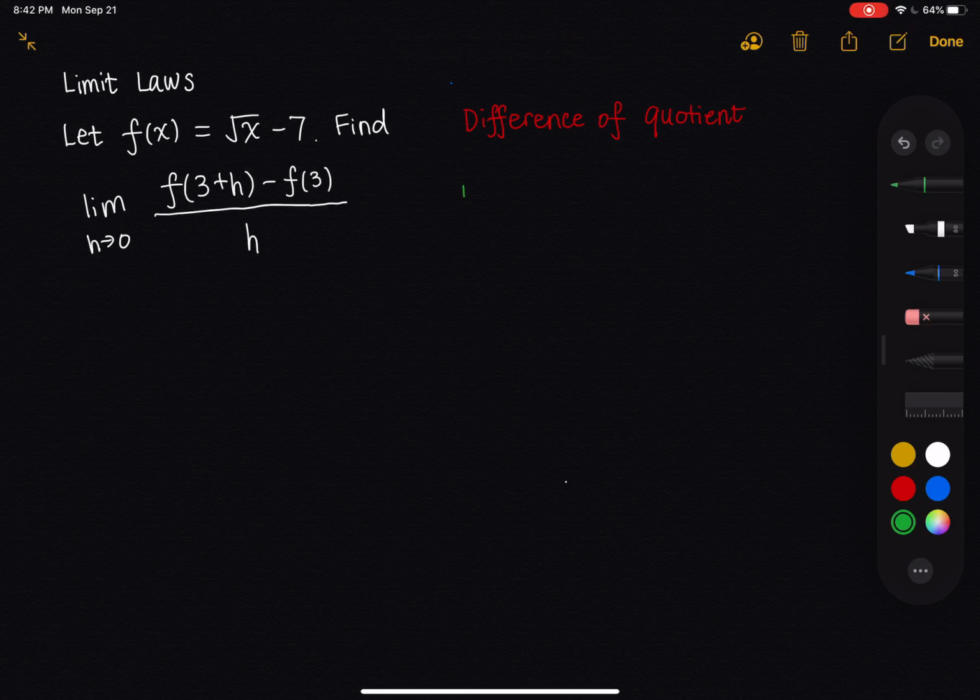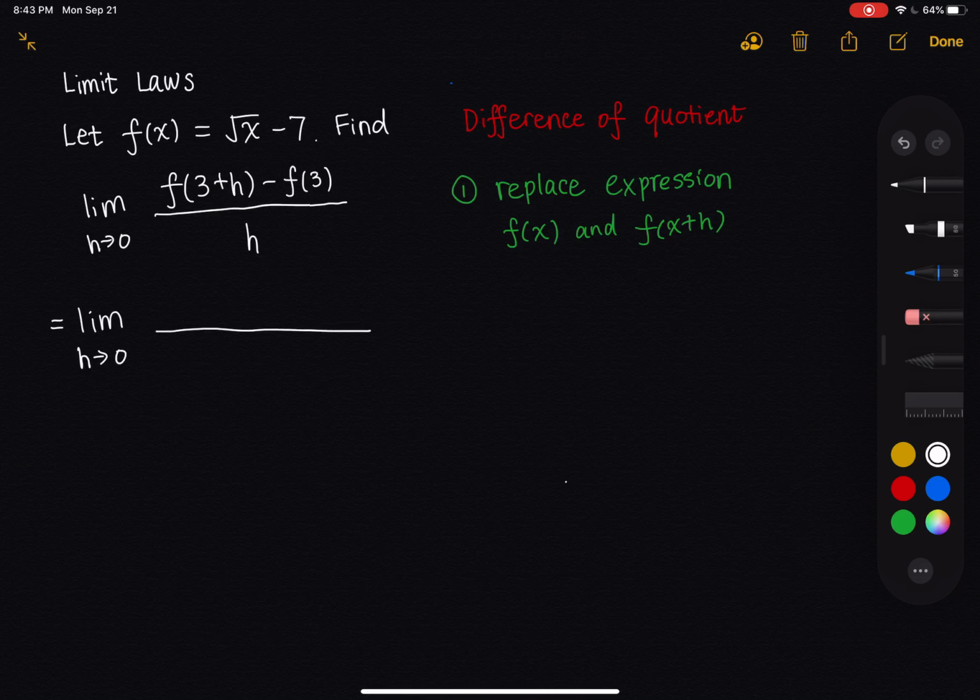The first thing to do is to replace the expression for f of x and f of x plus h. So we rewrite the limit as h goes to 0.